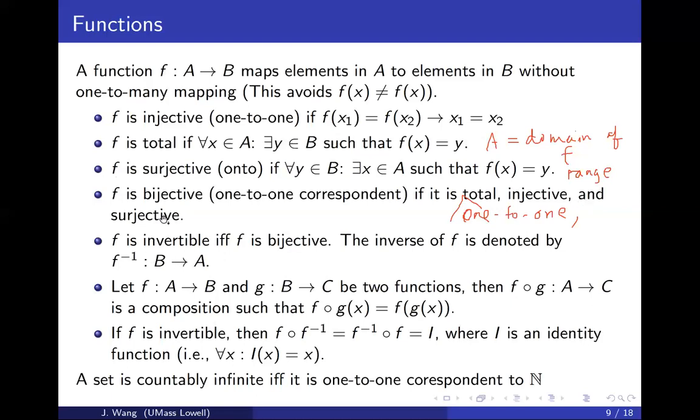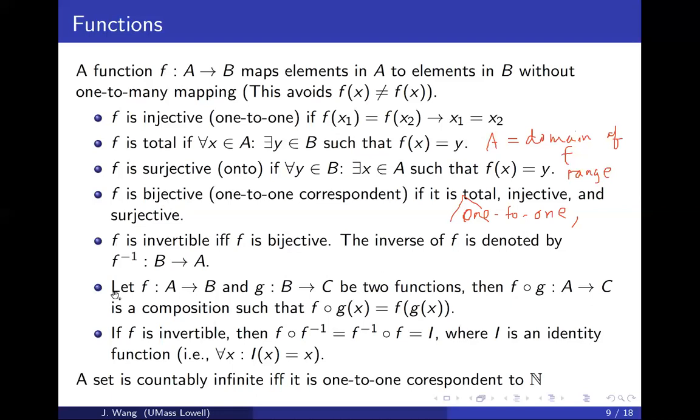So when f is a bijection, then we can define its inverse. Okay, so f is invertible if and only if f is bijective. And the inversion is denoted by f to the negative 1. Okay, so it is a mapping from B to A.